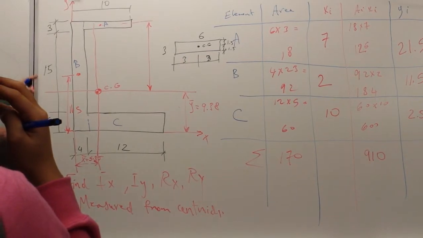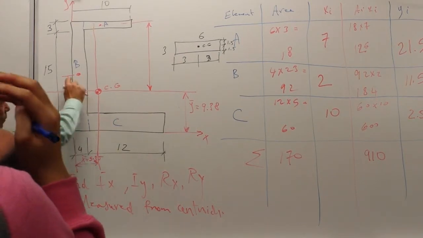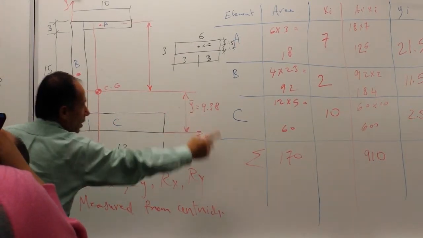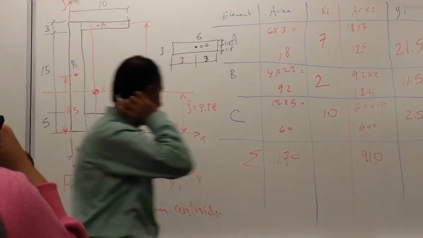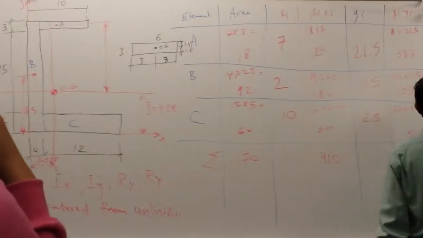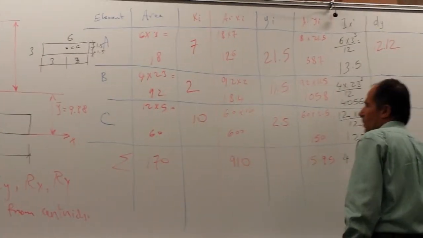I got 2.12. 23 divided by 2, correct? So I'm measuring from here to here. 2.12.